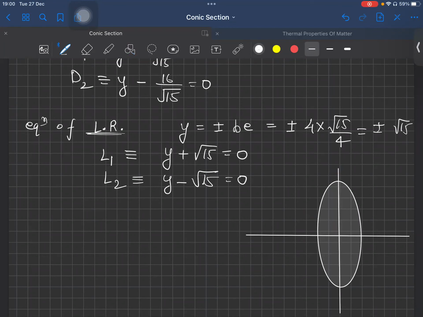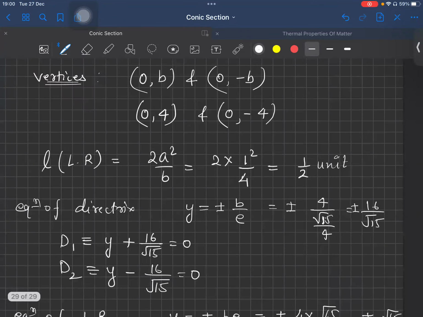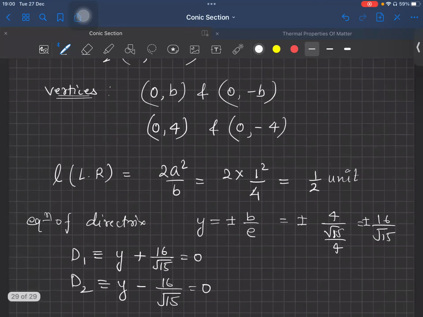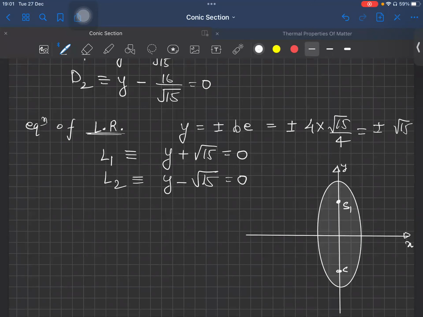This is y, x, okay, x and y. Now this is what we have found. S1 is 0 comma b. So this is S1, this is your S2. This is your L1, L2. So this is your directrix.